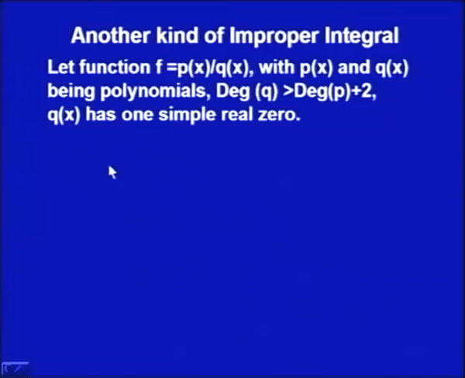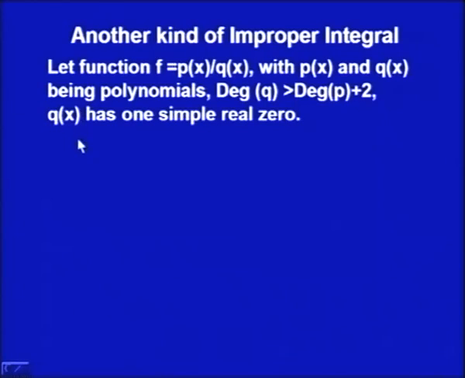In other words, in the p(x) upon q(x) form, q(x) is 0 for some real number, that is, q(x) has one simple real zero. Here I have added this condition, simple.